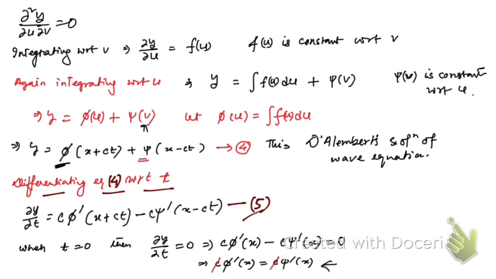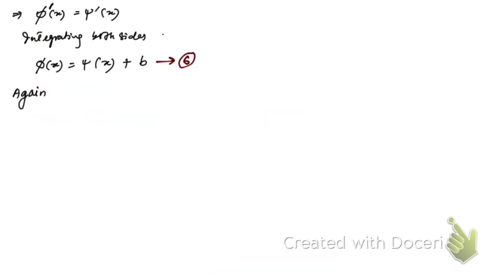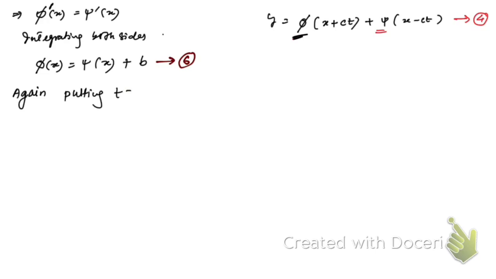If you see that equation, let me copy this equation number 4. Here you see, again, putting t is equal to 0 in 4, we're gonna get y is equal to, so this is gonna be equal to 0, this is gonna be also equal to 0, so that's why we're gonna get phi of x plus psi of x.